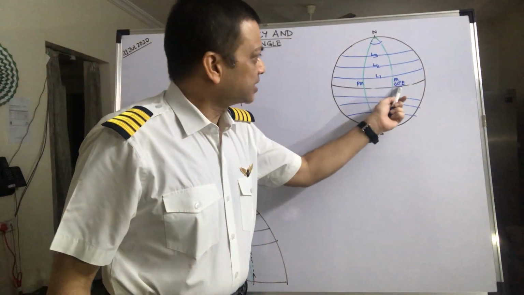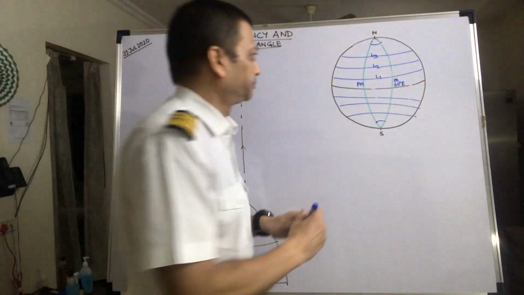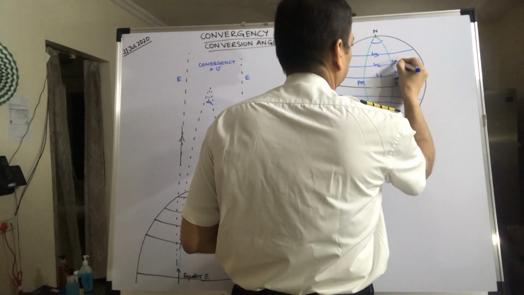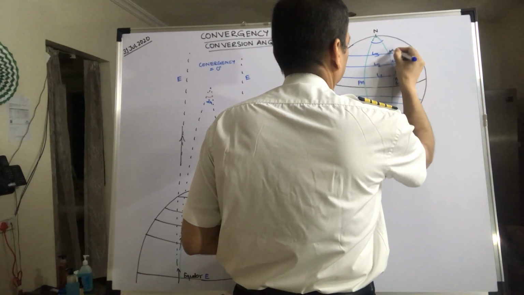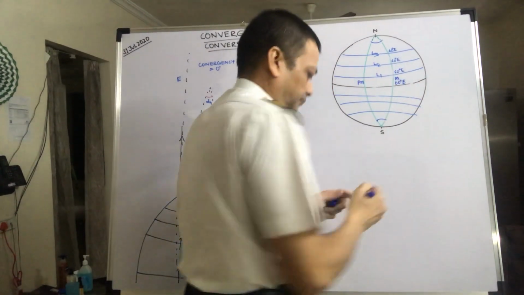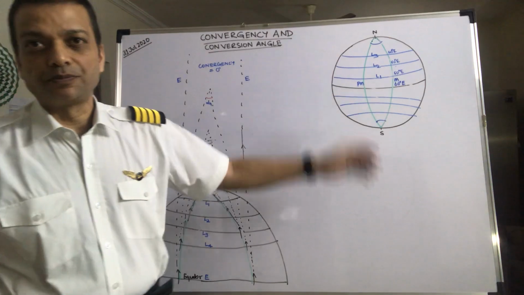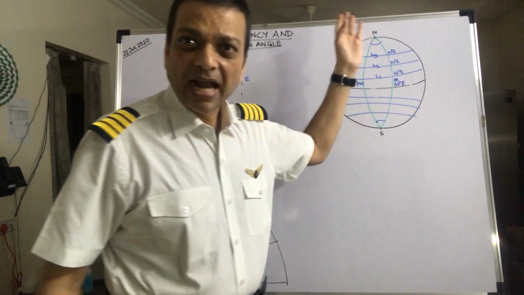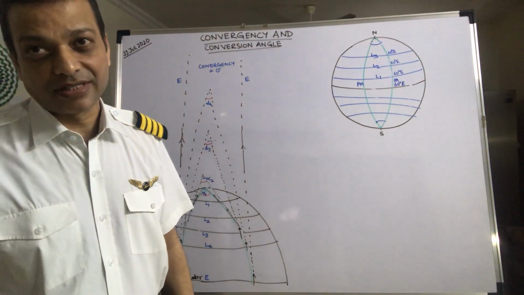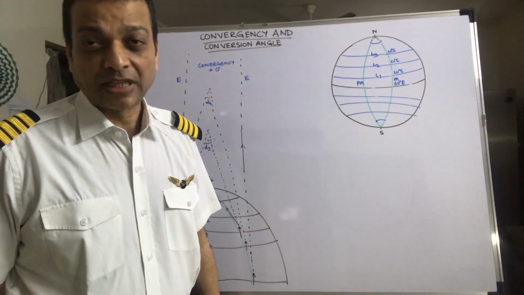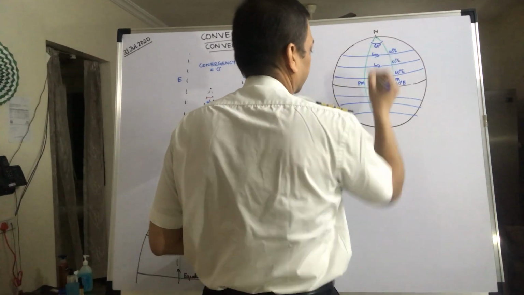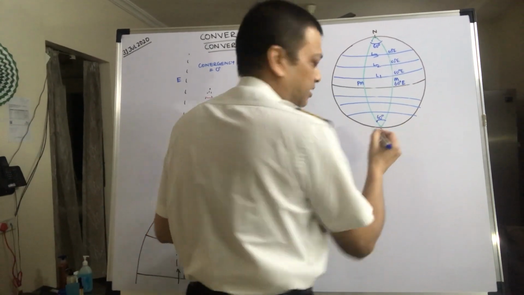The 60 degrees east will remain the same till the North Pole. That is why they make a 60 degree angle at the North Pole or at the South Pole. Am I correct? So this angle becomes 60 degrees, and the same 60 degrees towards the south also.